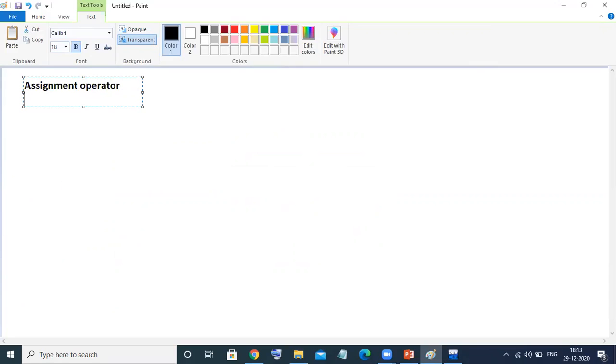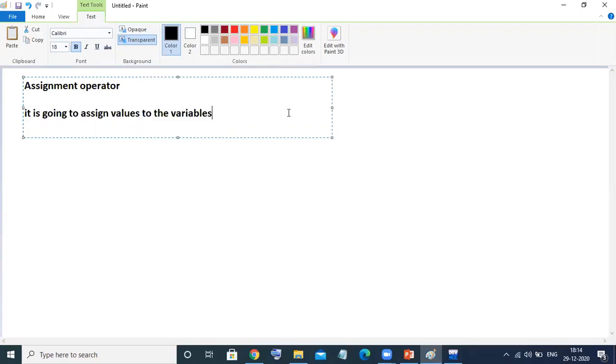What exactly is the meaning of this assignment operator? That means it is going to assign values to the variables. Simple. Already we have seen these assignment operators in many of our programs. It is going to assign the values to the variable.